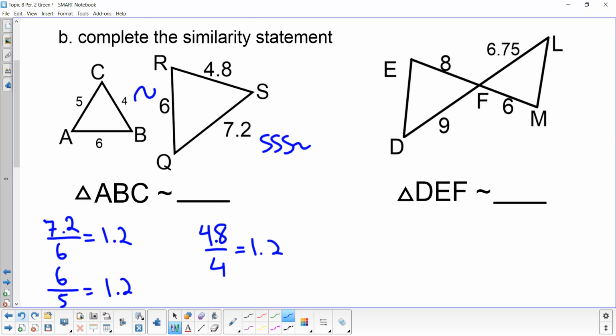So let's see if we can come up with the right similarity statement. Triangle, let's see, A to B goes across the biggest side, and then B to C is the shortest side. So QSR, I believe, is the right order there.